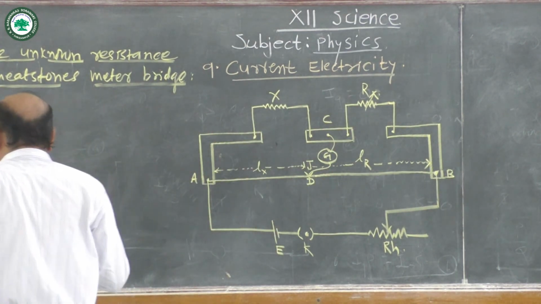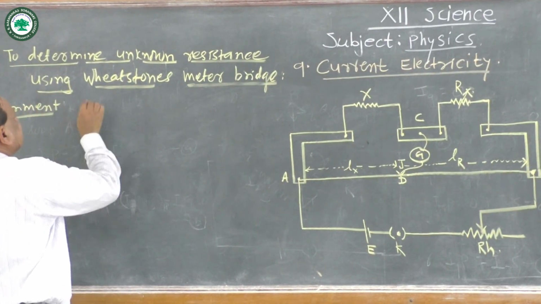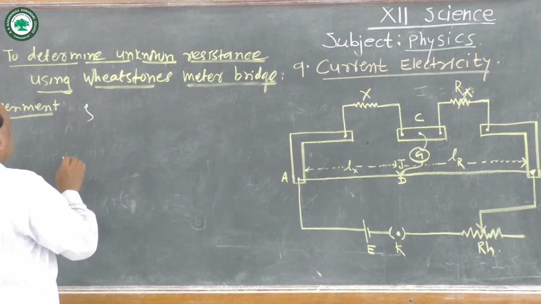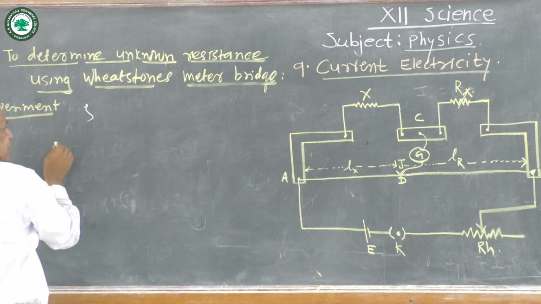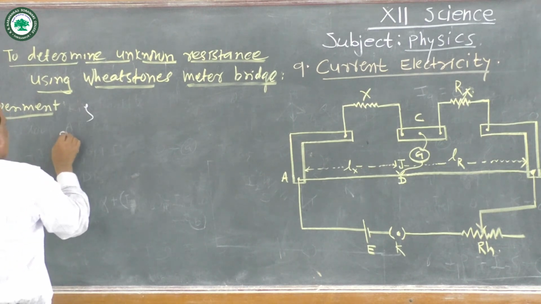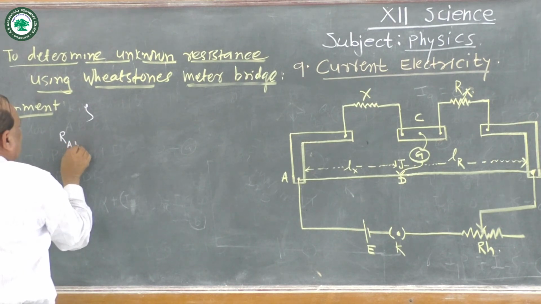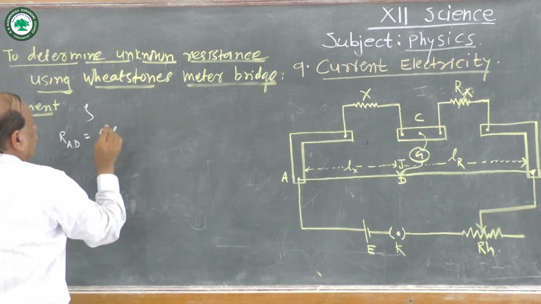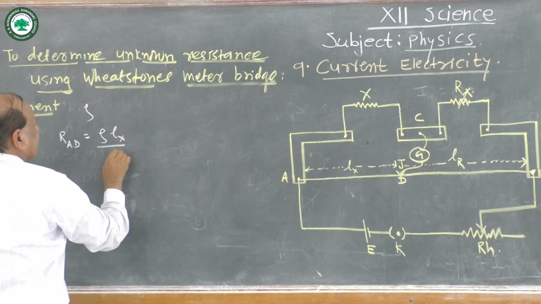Now here rho be the resistivity of the wire, then resistance of that wire RAD is equal to rho LX divided by capital A.